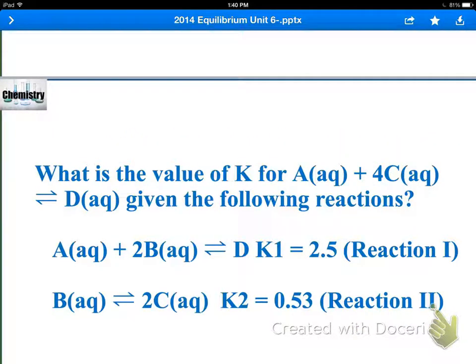Let's do one more. What is the value of K for A plus 4C gives me D, given the following reactions? I've got two different reactions, so take a few minutes and do this one, and then we'll come back and talk about it.